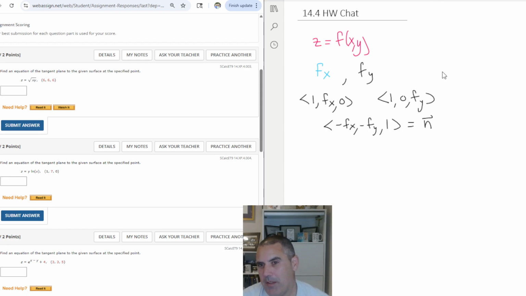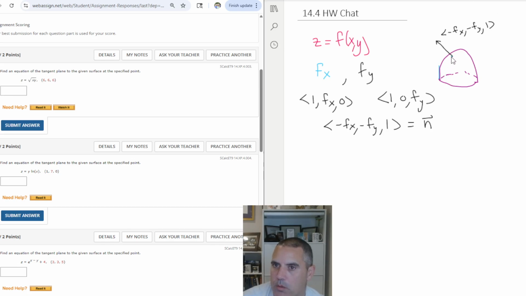So this is what we sometimes call an upward pointing normal vector for our surface. Now we don't talk about that really in any sort of detail in this class, but there's one homework question at the end that requires you to think about that a little bit. So let me just say this and then I'll state the problem. If you have a point here on the surface and you want a vector that points straight out of it, that's this vector, negative f of x, negative f of y, 1.